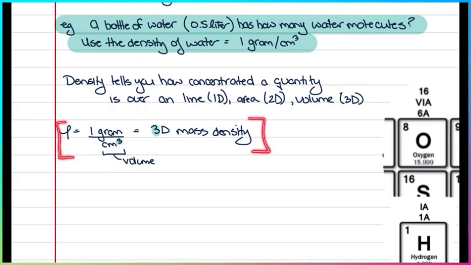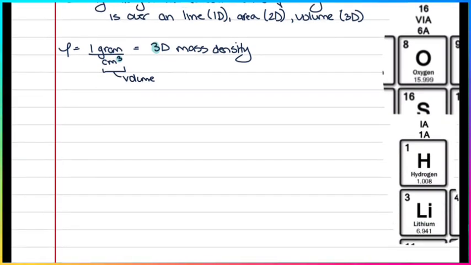So again, a density is connecting mass to volume, in this case, for a 3D mass density. And so that gives us a relationship that the mass is the density multiplied by the volume.